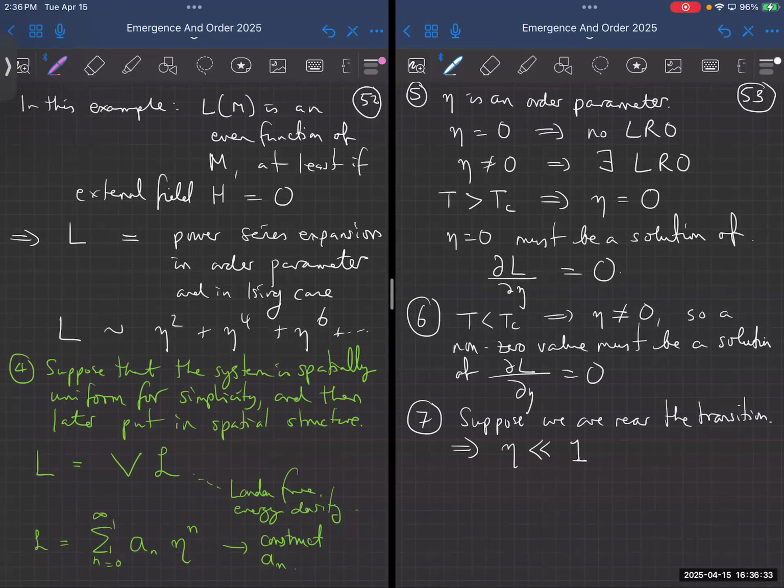We're expecting that the level of order, once I just go below the ordering temperature, is going to be very small. There's going to be just a few spins that are pointing up rather than pointing in the other direction, a small excess in one direction rather than a huge excess. So this is a continuous transition. So we're going to assume that eta is very much less than 1. And if eta is much less than 1, then that means that we can truncate our power series expansion.